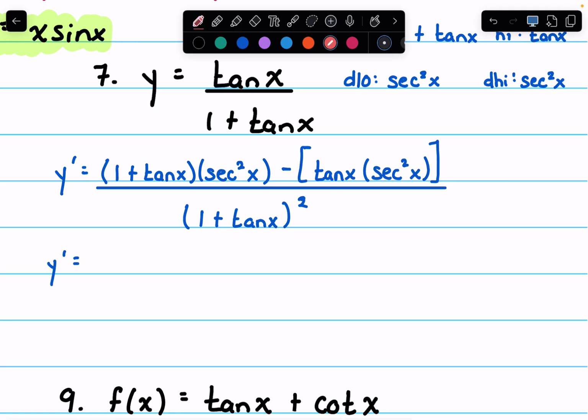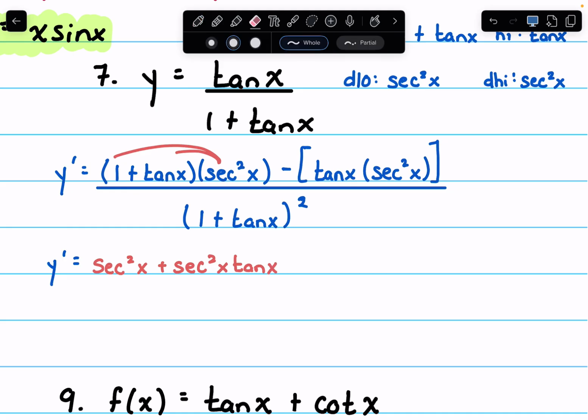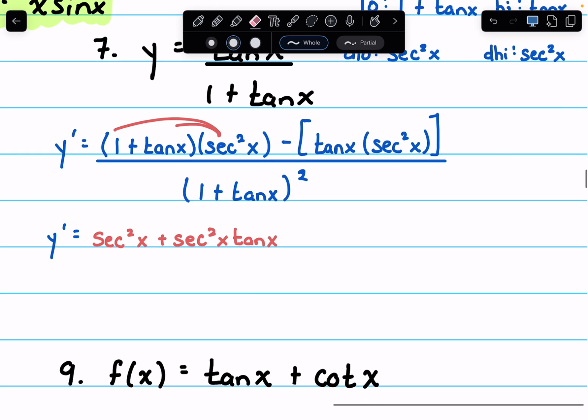What do we need to do with this first part up here? Distribute. FOIL would be binomial times binomial. So we have binomial times monomial. So all you have to do is distribute. It just looks backwards. So you get secant squared plus secant squared x tangent x. And then we'll just make that second part negative, right?